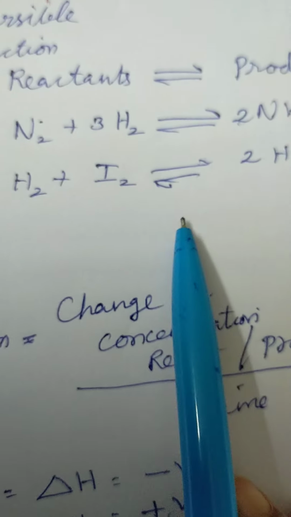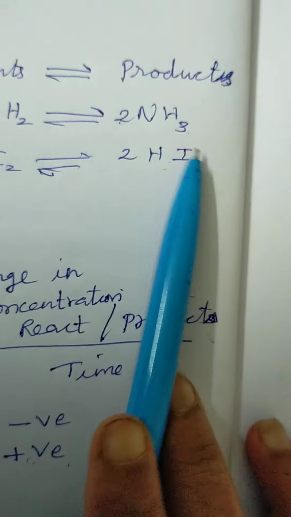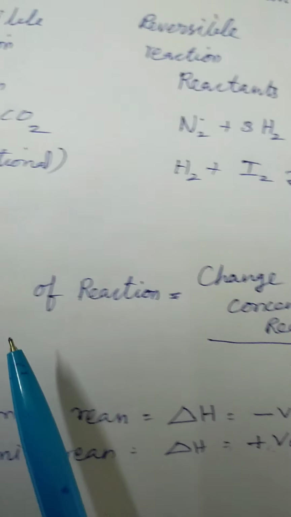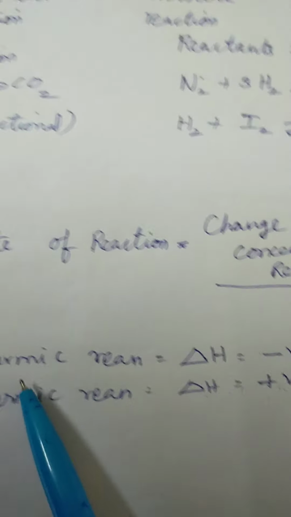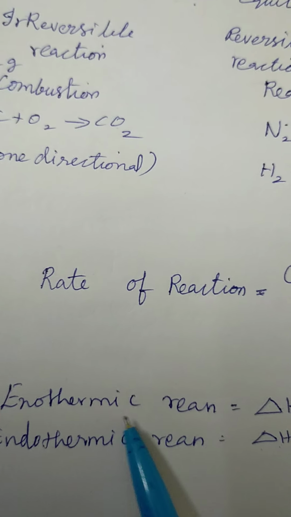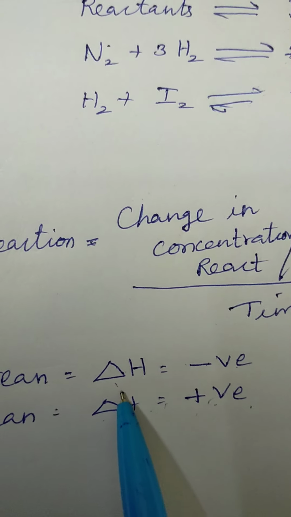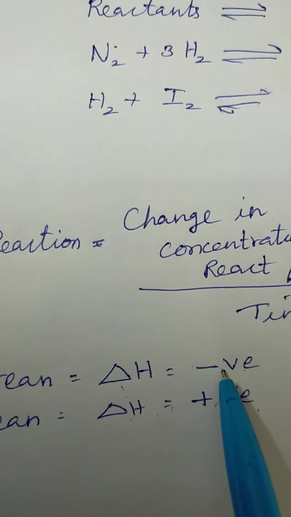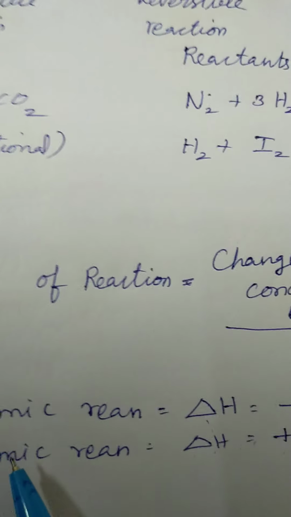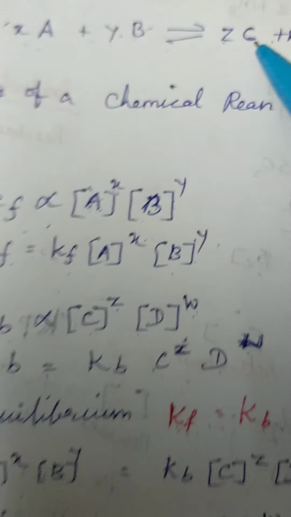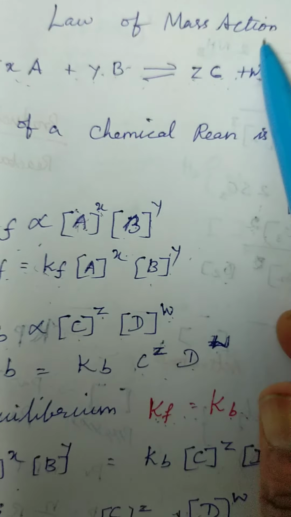So here we have learned examples of chemical equilibrium and what is meant by rate of reaction. If a reaction is exothermic, the enthalpy is negative. The enthalpy of an endothermic reaction is positive. Next, the law of mass action.